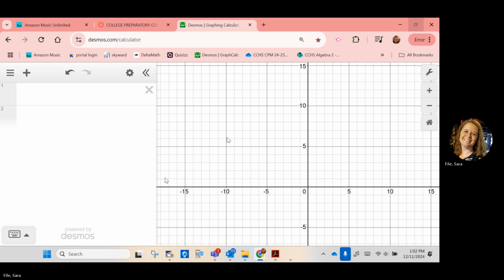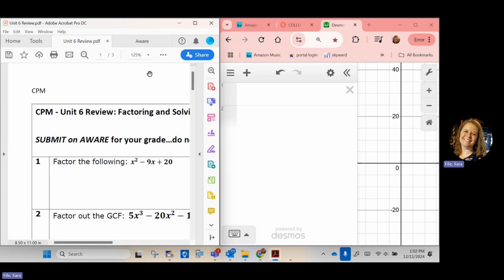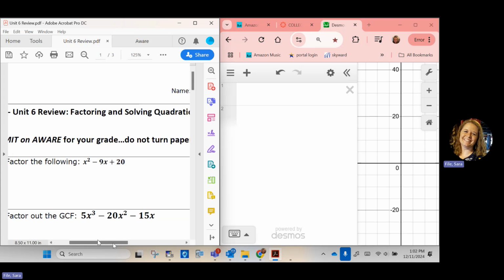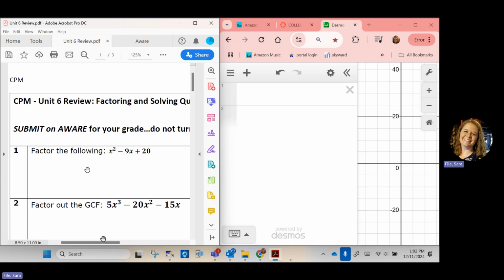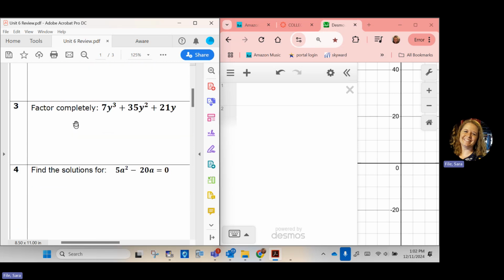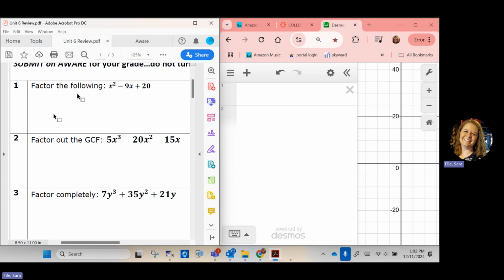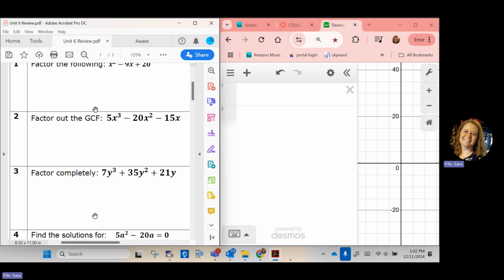So I'm going to split screen here and show you how you would answer these quadratic questions with a calculator. Numbers 1, 2, and 3 all talk about factoring: factor the following, factor out the GCF, factor completely.